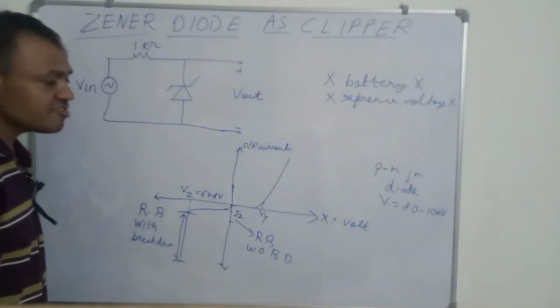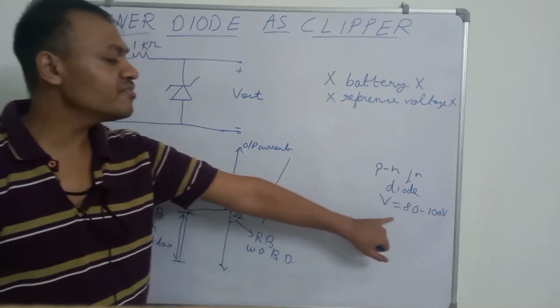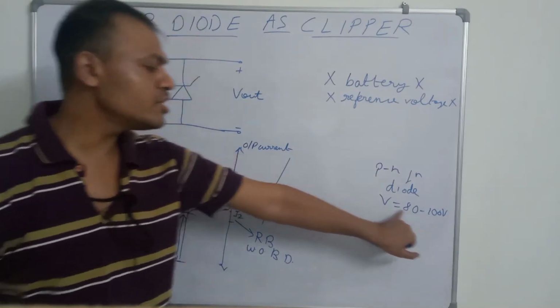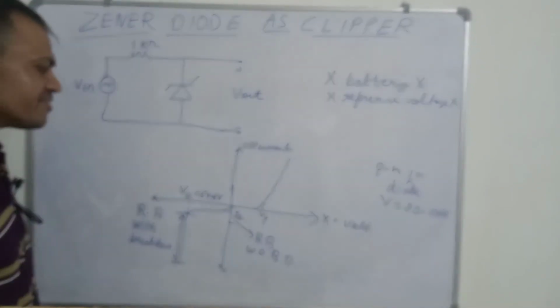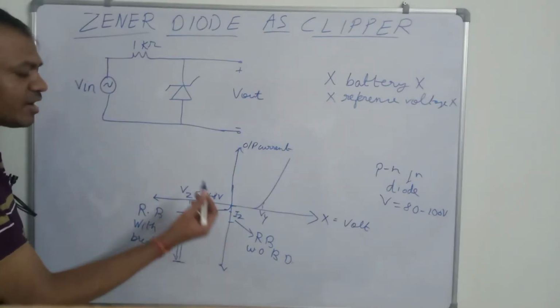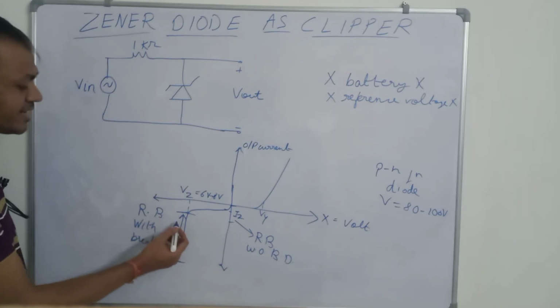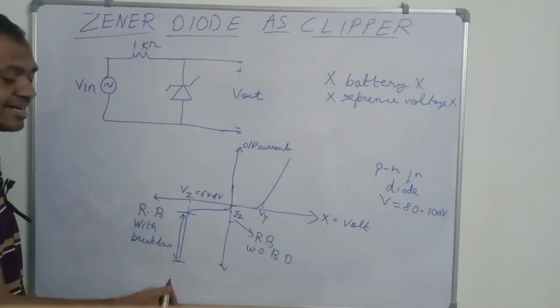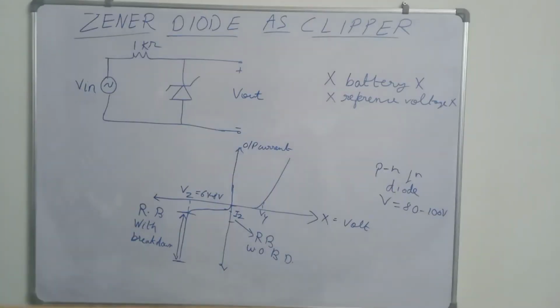So we prefer Zener diode because it is very easy to break it down and operate in the reverse bias with breakdown region. This is why we prefer Zener diode.